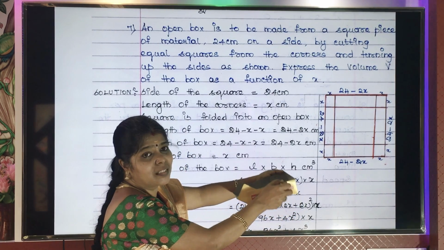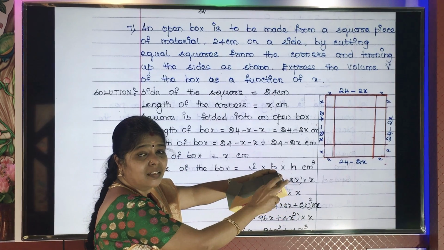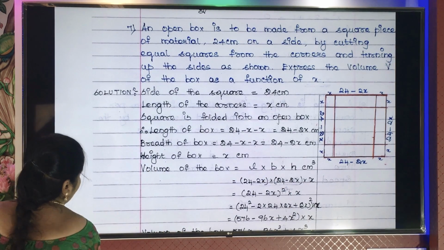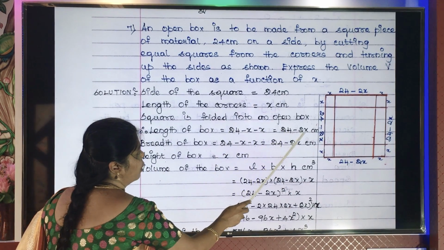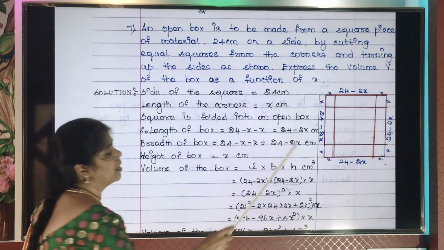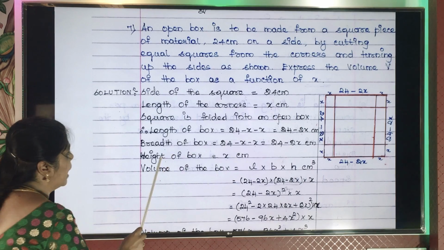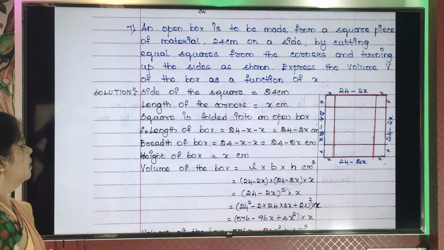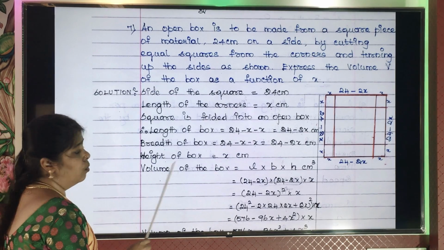So this becomes the height. So x will be the height. So now we have understood the length of the box is 24 minus 2x. Breadth of the box is 24 minus 2x. And height of the box is x centimeter. Clear? Now let me go into volume of the box.